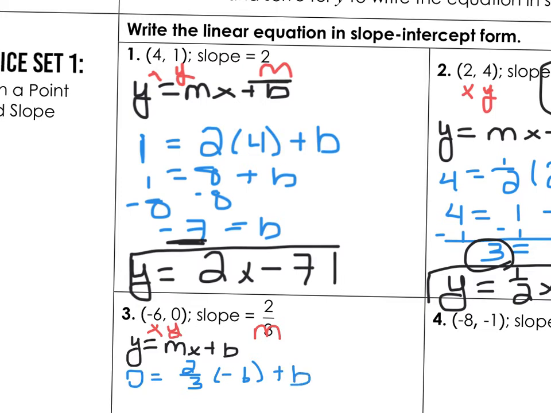So 2/3 times -6 is going to be 0 is equal to -4 plus b. Take the 4 over, so b is equal to 4, which makes my final answer y equals, replace it with your slope, 2/3 x plus 4. Final answer.